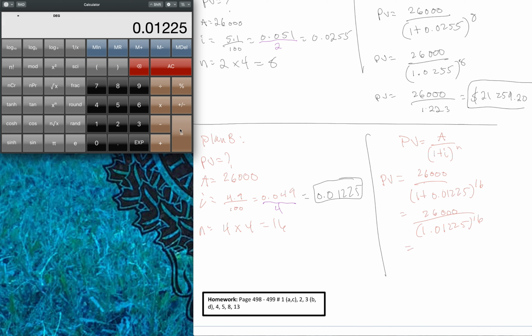Okay, so I'm going to do the math on the bottom. So it's 1.01225 to the exponent of 16. Okay, that's about 1.215. It's 26,000 divided by 1.215.